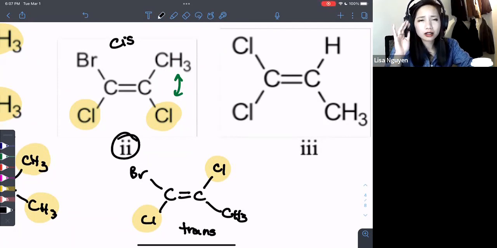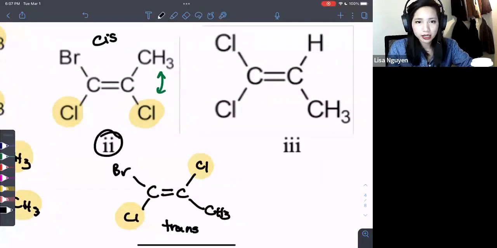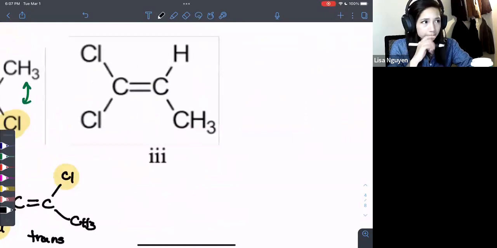So really the strategy here is to try to make the other cis or trans isomer and see if that is a unique molecule. All right, so 2 is an answer, 1 was not. Let's look at 3, because this one can be tricky too.